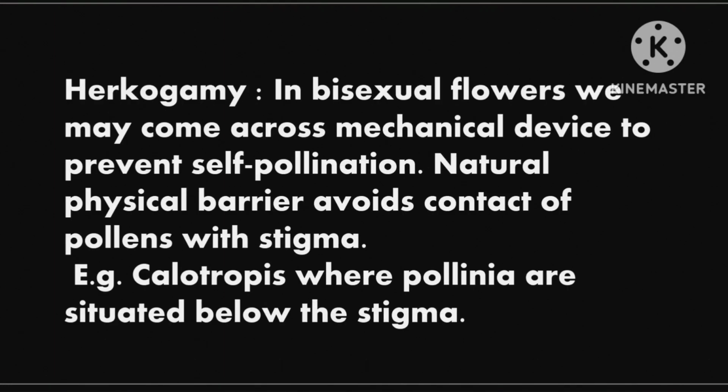Herkogamy. In bisexual flowers, we may come across mechanical device to prevent self-pollination. Natural physical barrier avoids contact of pollen grains with stigma. Example, calotropis, where pollinia are situated below the stigma.